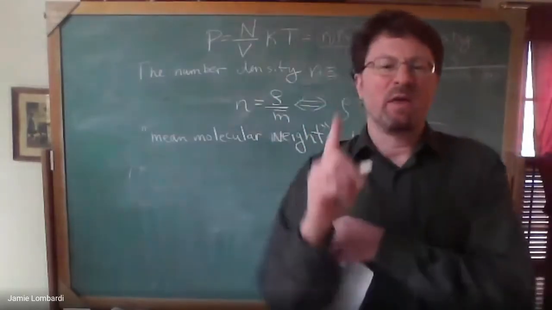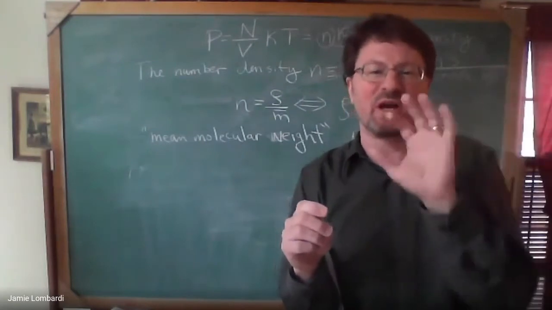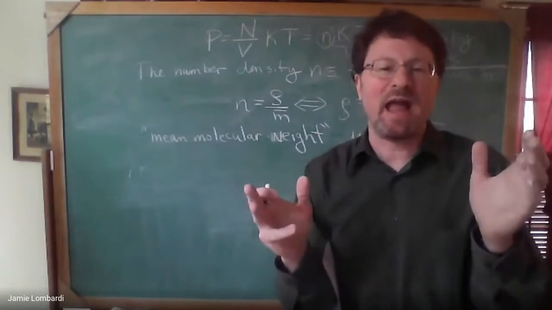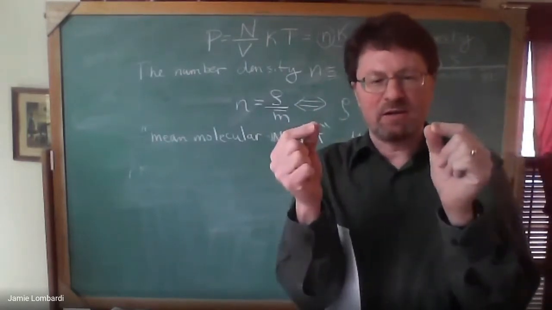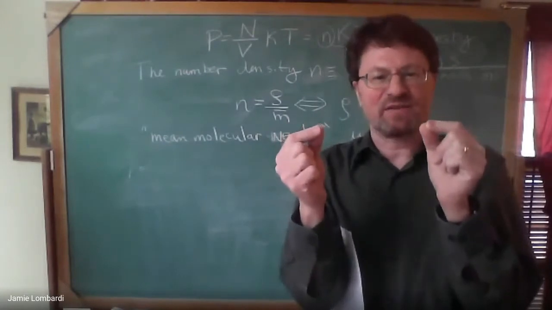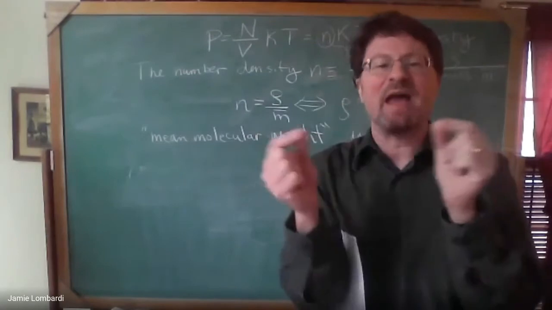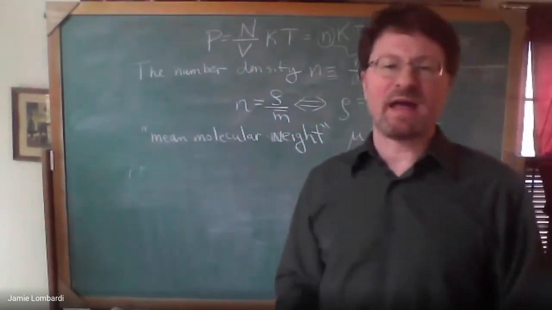Because the electron weighs approximately 1/2000th the mass of a proton. So we'll pretend the electron didn't have a mass so that we can do this easily in our heads. And so for every proton, there's an electron. So the average mass of something is the total mass, which is the mass of the proton, divided by 2. And so mu would be 1/2 for that case.